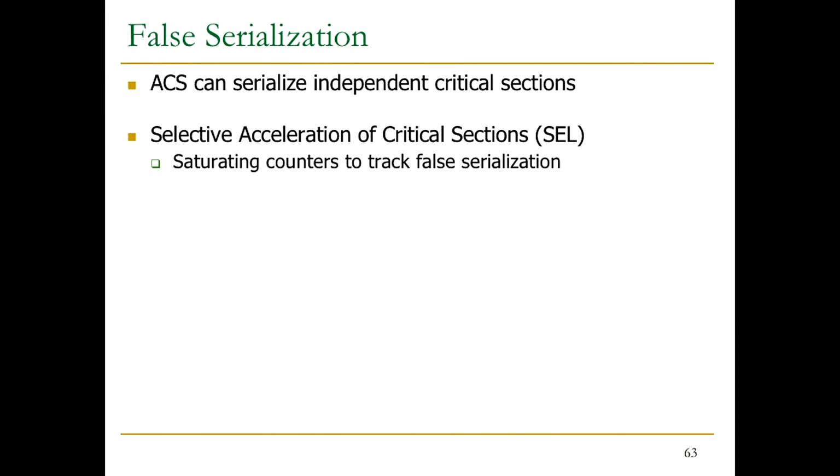So you have the critical section that's protected by lock X, another critical section that's protected by lock Y, and they may have nothing to do with each other, right? But they both get shipped to the large core, and the large core can execute only one critical section at a given time. If these critical sections were executed in the small cores, they could be executed in parallel, right?